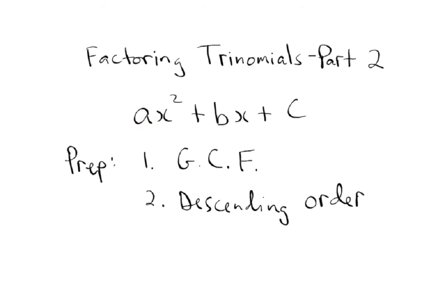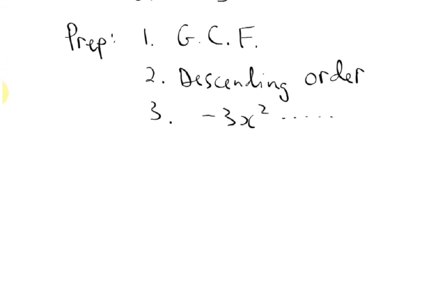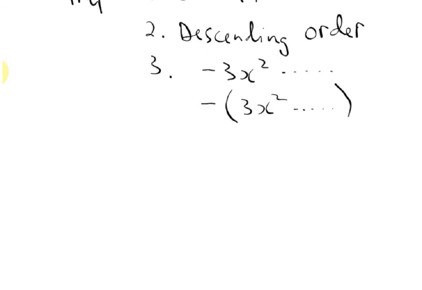And again, if there's any kind of a negative in front of, say you had negative 3x squared, it would be a lot easier for you to factor out the negative. Just to work with positives makes life so much easier. Okay, so that's kind of the prep work that you want to be doing with these types of trinomials.